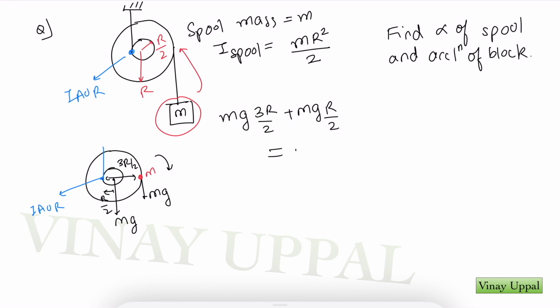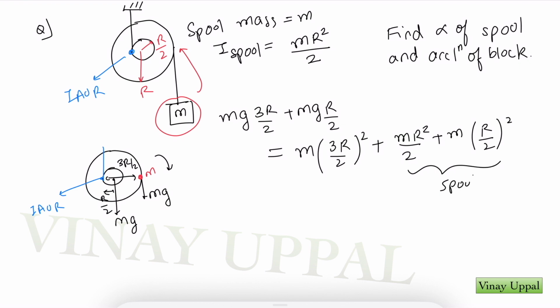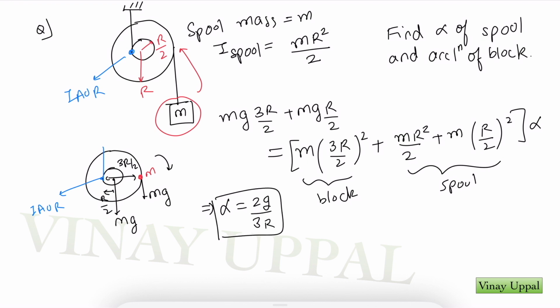So moment of inertia of the particle is going to be m into 3r by 2 the whole squared, plus moment of inertia of the spool about its center is given to be mr squared by 2, plus I'll have another term using parallel axis theorem of m into r by 2 the whole squared. So this entire thing is spool, and the first term is the particle, which is the block. So entire moment of inertia times alpha, and you should get your angular acceleration as 2g by 3r. So this is my angular acceleration in the clockwise sense.